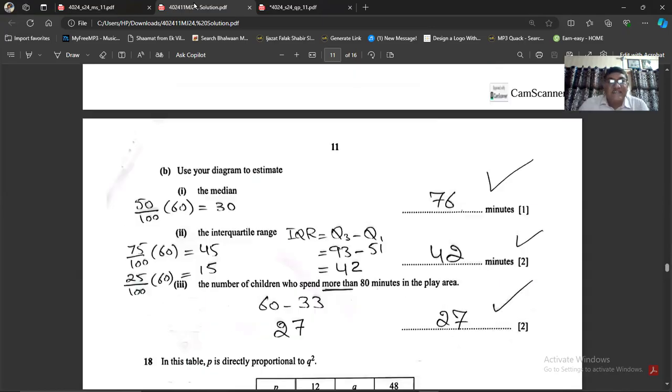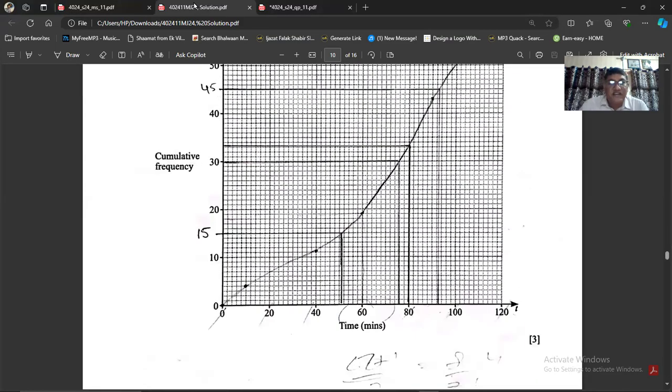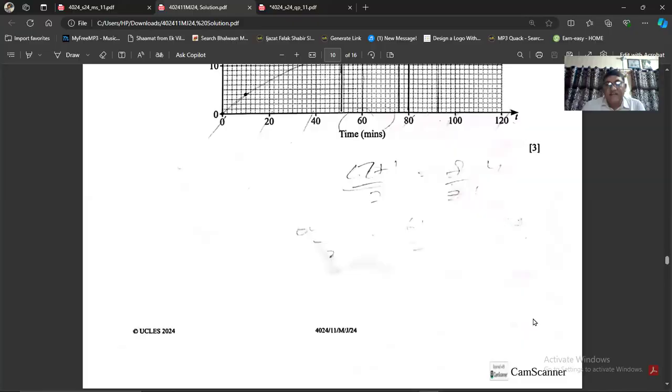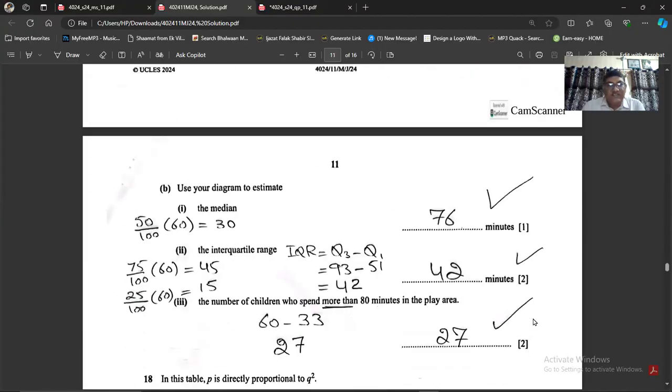On the y-axis, I will check where 30 is, and from here I will go to the graph. When I intersect the graph, I will check what the point is here. It's something like 76, so I think the median is 76. So we will check these answers.